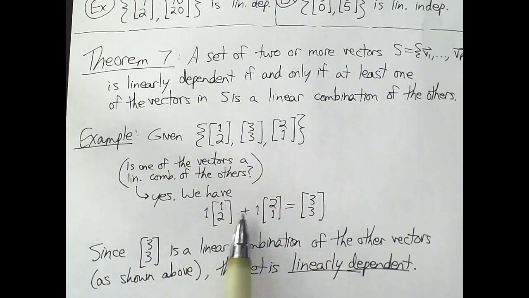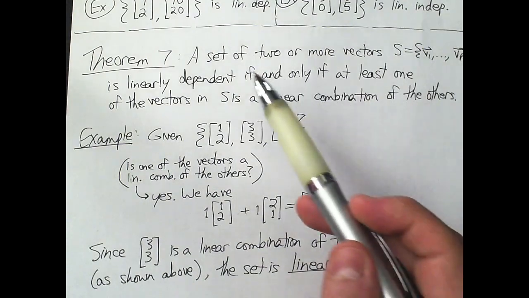So if you can spot a linear combination like that, then you can use this as a shortcut and explain what you did. You know, since this is a linear combination of the other vectors, as shown here, the set is linearly dependent. End of the story. You don't have to necessarily solve a system. So that's pretty cool. That's one shortcut that might help us.